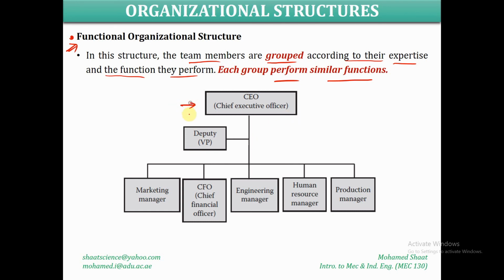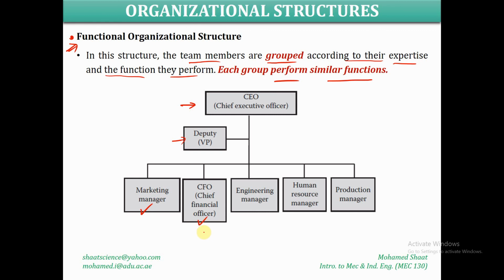So it starts with the CEO and the VP, and there is a marketing department. These people have expertise in marketing and sales, and they already hold degrees that qualify them to work in this department. There should be a manager managing the marketing department, and also the CFO, the Chief Financial Officer, for the financial office.